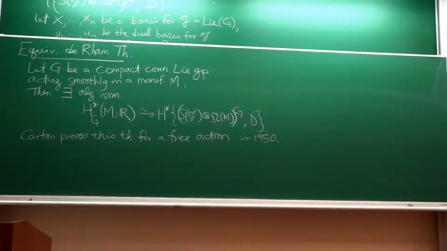A lot of people cannot understand Cartan. So after he published his paper, there was a French mathematician, his name is André, and he wrote a paper, like 100 pages, trying to explain what Cartan did in 5 pages.